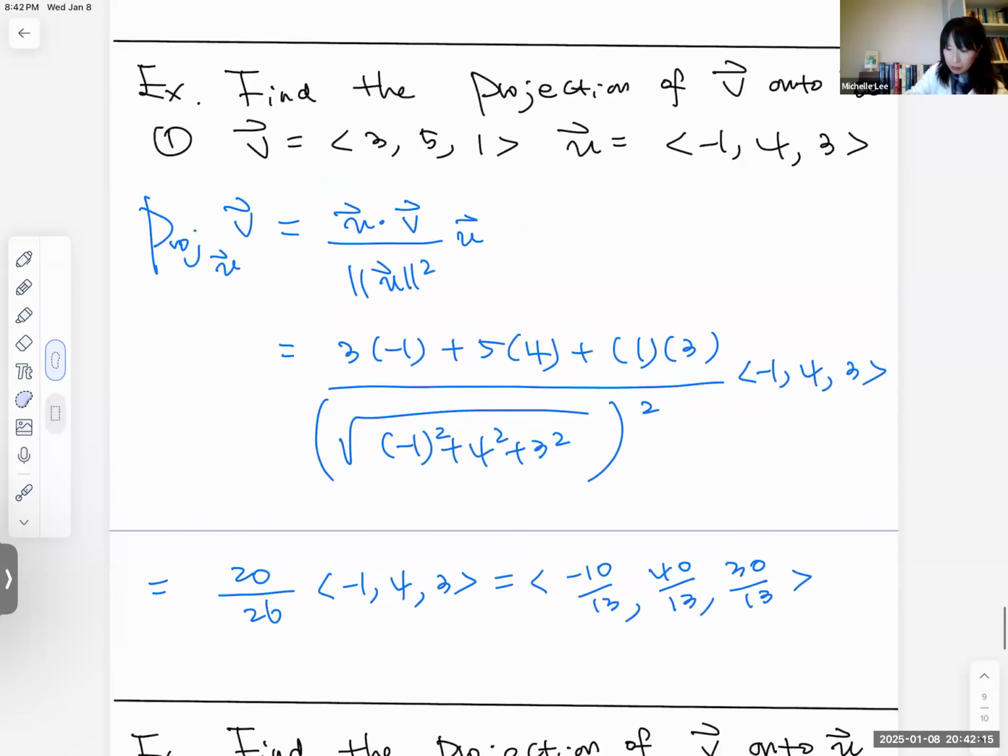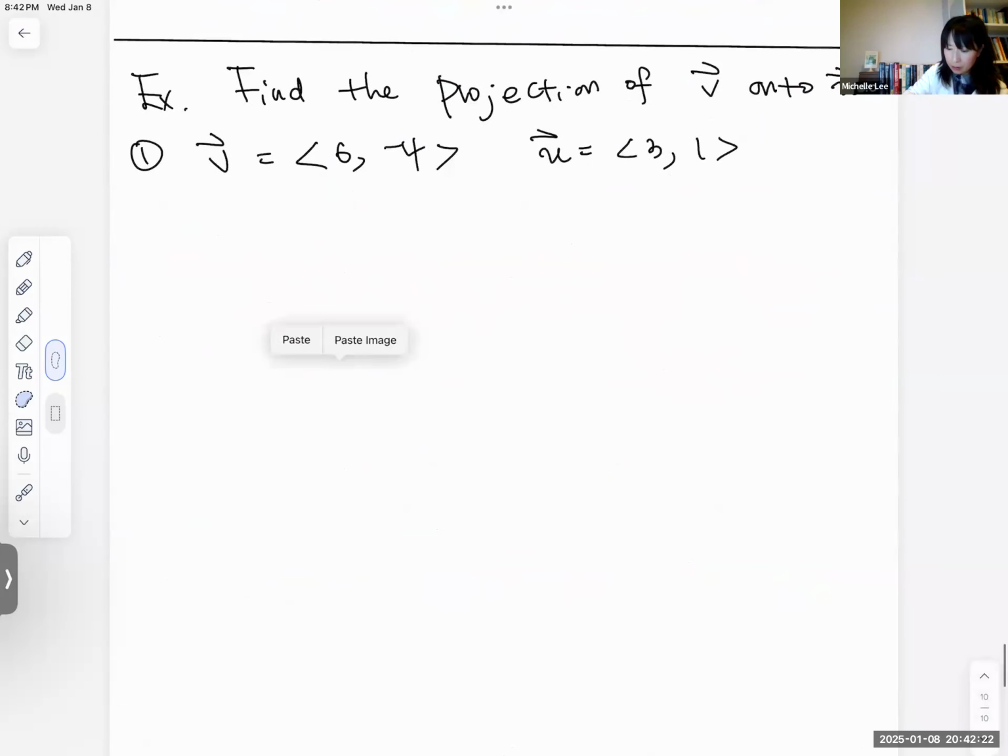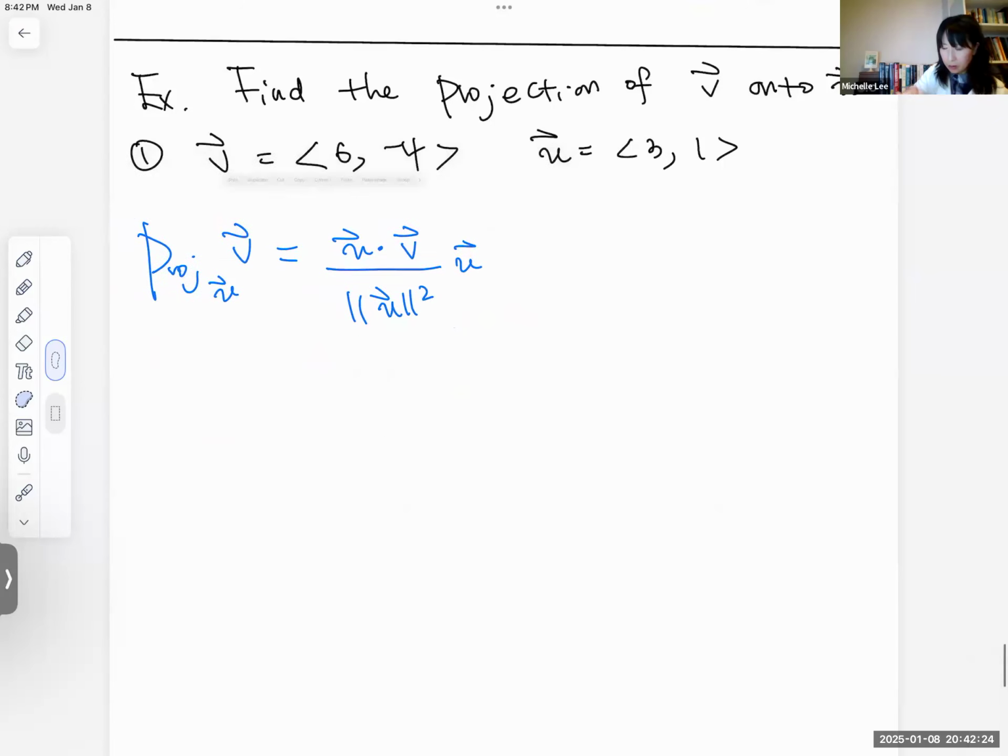Let's just copy this one. That will be the same process.